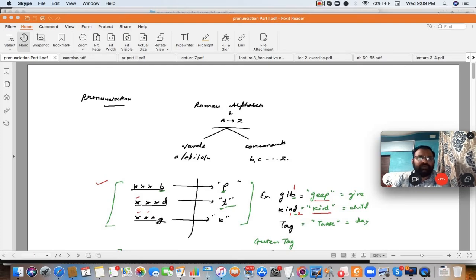Tuck, loop. H and otherwise it's a silent. Okay. All, going, shame. Again, saying. A means why.